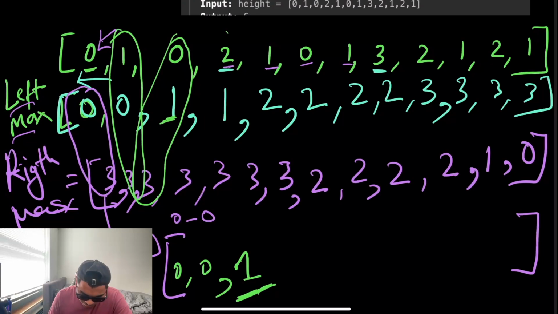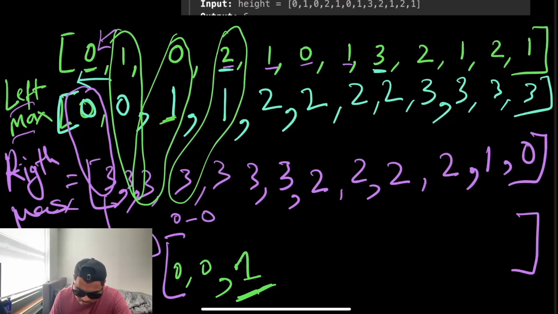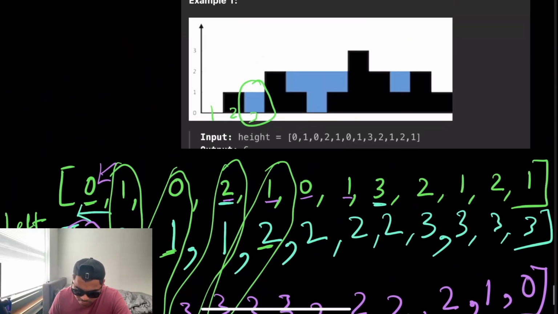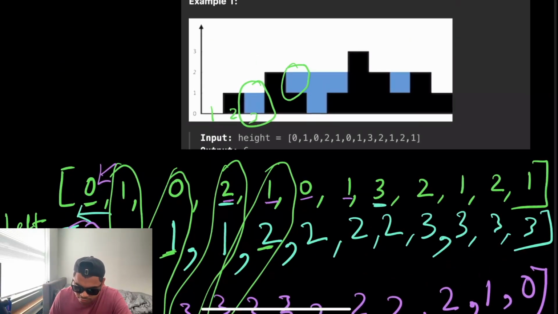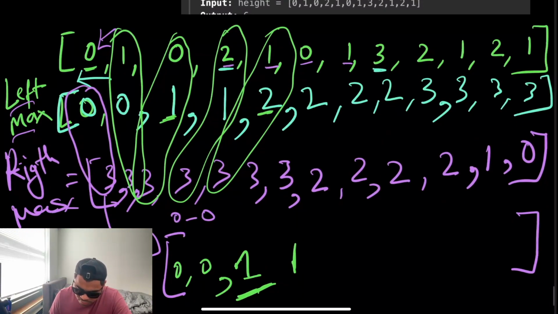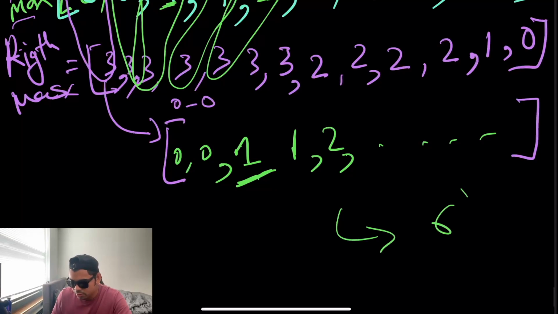Same way we're going to keep doing this. The minimum is still 1, 1 minus 2 is negative 1, we don't want that. For this one the minimum is 2, 2 minus 1 is 1, so I'm sure you'll be able to see this over here. Same thing, 2 minus 0 is going to be 2. So I think now you can see why we got our answer 6.